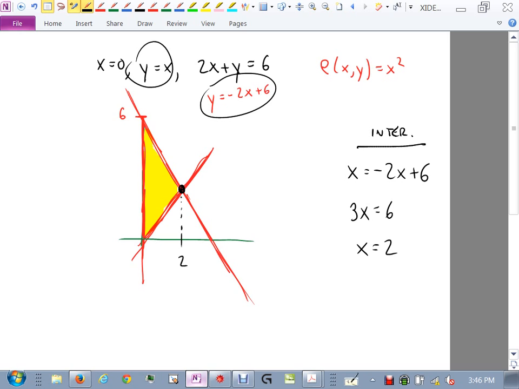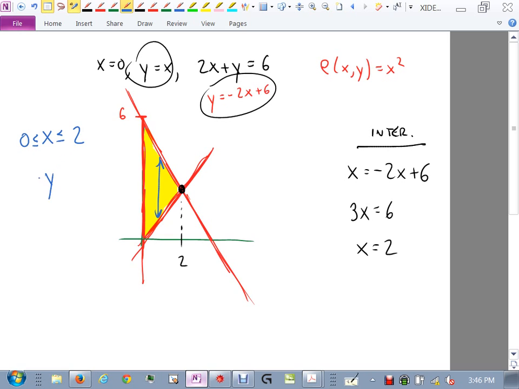Because this is a type what region? Type 1 region. So I'm doing a double integral over a type 1 region. I need the restrictions on x, and then my y is trapped between 2 functions, g1 and g2, right? So x is between 0 and 2.